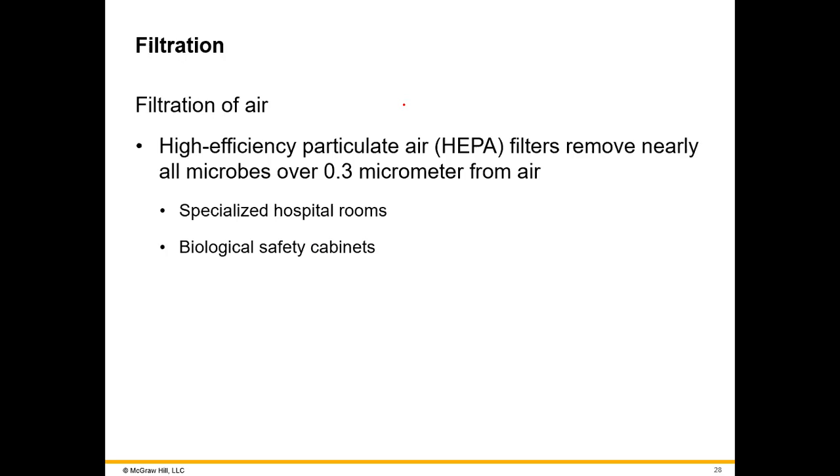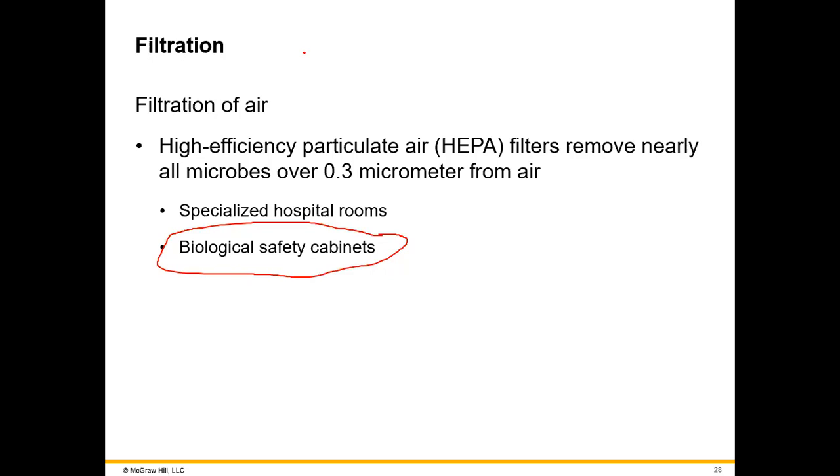Now, I want to mention the difference between biological safety cabinets and fume hoods. You're familiar with fume hoods in chemistry. Those hoods are not the same as biological safety cabinets. They look similar.